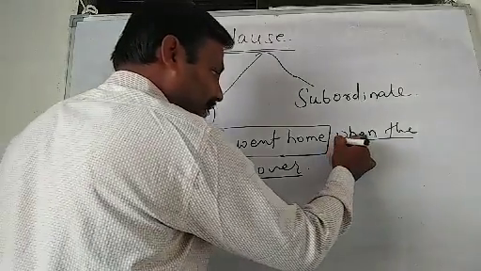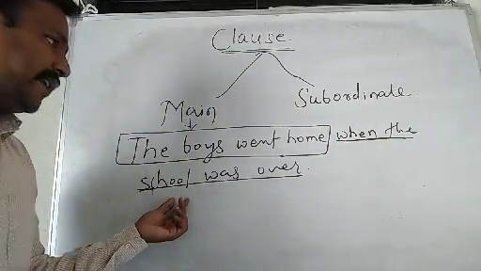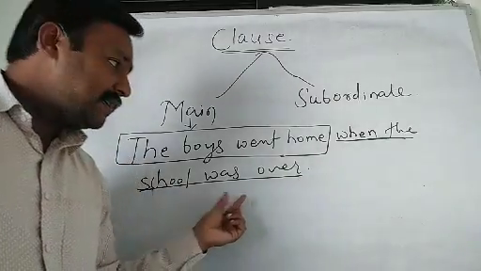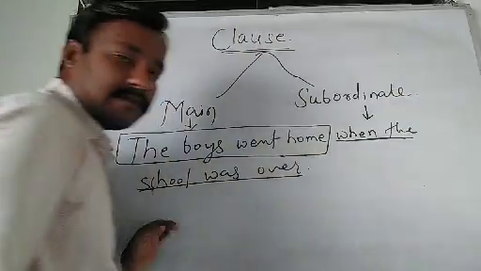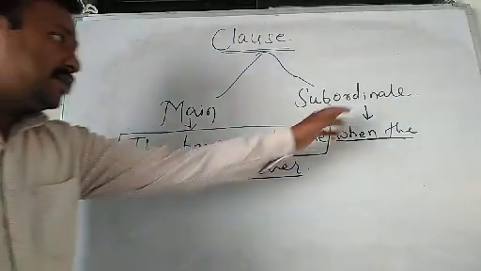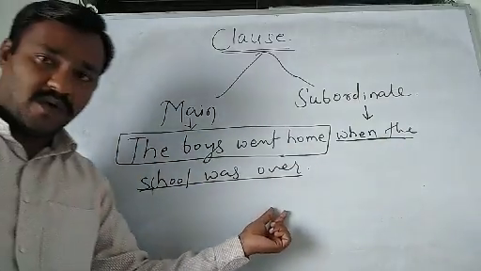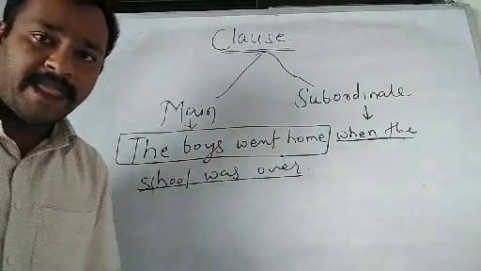Second, I have underlined when the school was over. Whatever part of the sentence is underlined, that part is called the subordinate clause. So the subordinate clause is when the school was over, and the main clause is the boys went home.